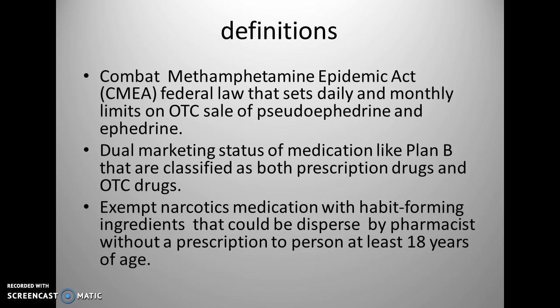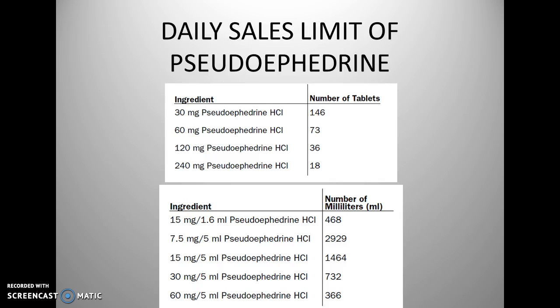And exempt narcotics are medications that can be habit forming, like certain cough medicines, but can be dispensed by a pharmacist without a prescription to a person at least 18 years of age.